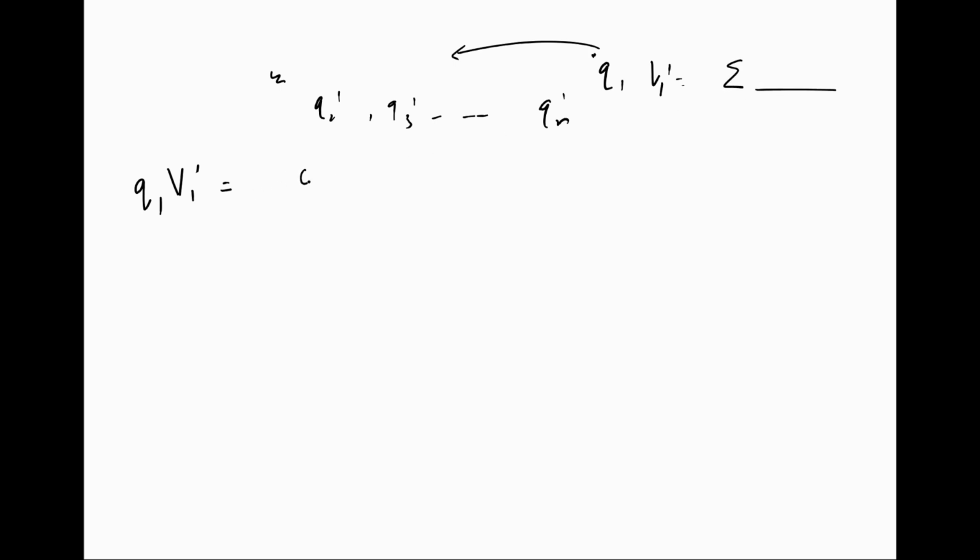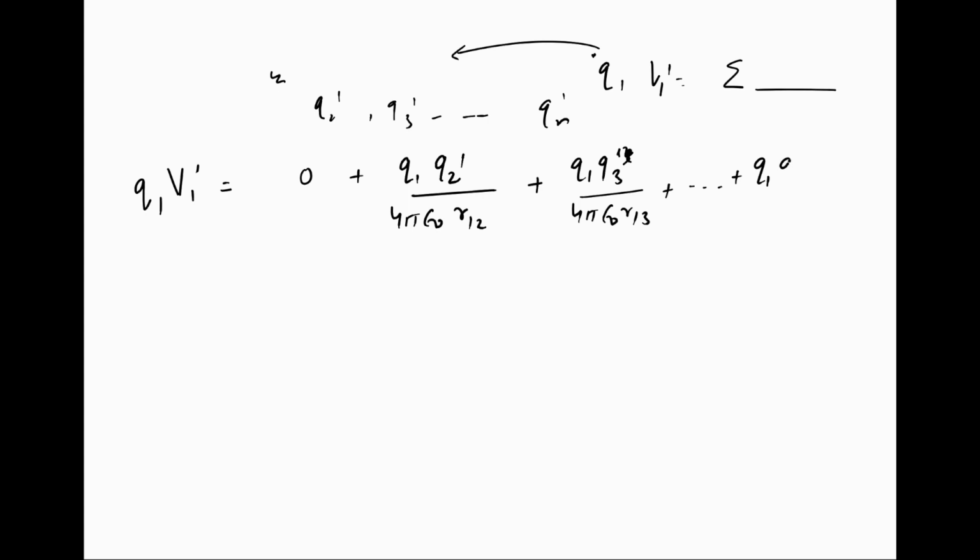So I can write it as Q1 Q2 dash over 4 pi epsilon naught R12, plus Q1 Q3 dash over 4 pi epsilon naught R13, and so on up to Q1 Qn dash over 4 pi epsilon naught R1n.